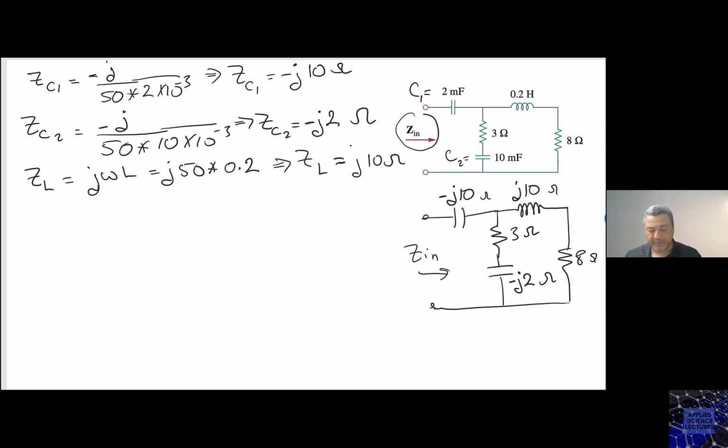And now, what do you think the impedance is? Can somebody help here in finding the impedance? Let's call this one a branch Z1, and this a branch Z2.